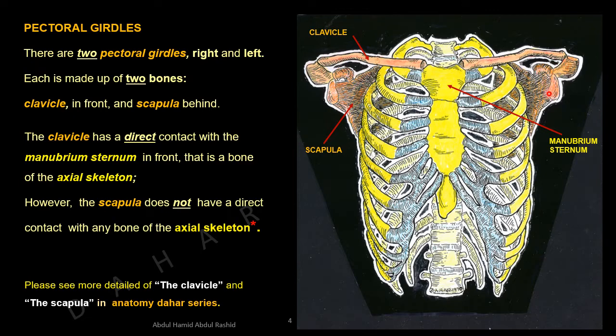The clavicle has a direct contact with the manubrium sterni in front, that is the bone of the axial skeleton. However, the scapula, which is situated behind, does not have a direct contact with any bones of the axial skeleton. Please see more detail about the clavicle and the scapula in Anatomy DAHAR series.